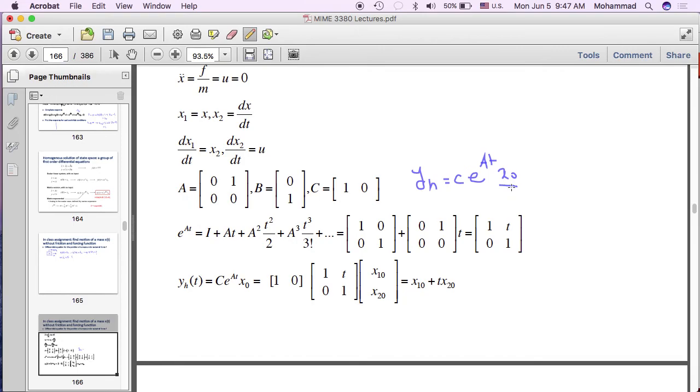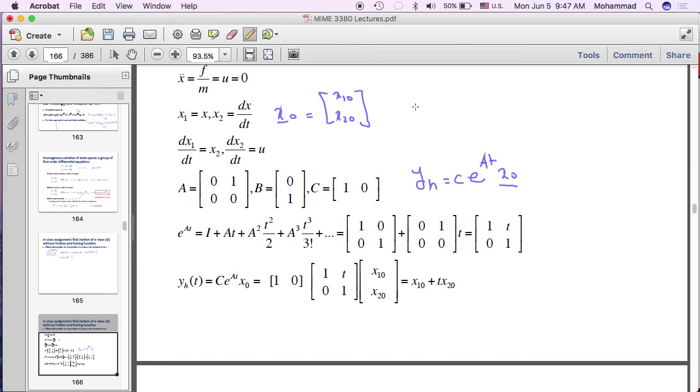In this case, we have two initial conditions, one initial position and one initial velocity. In other words, X naught is made of x1 at time 0 and x2 at time 0. The first one is displacement, and the second one is velocity.